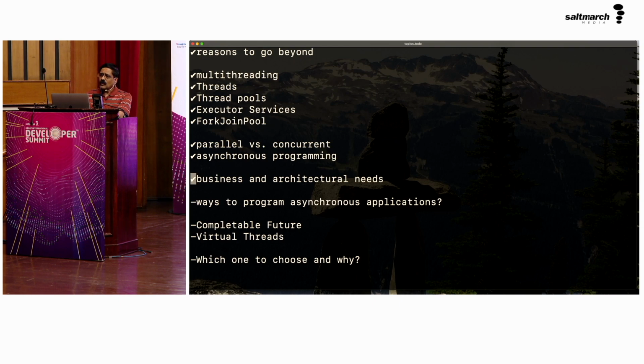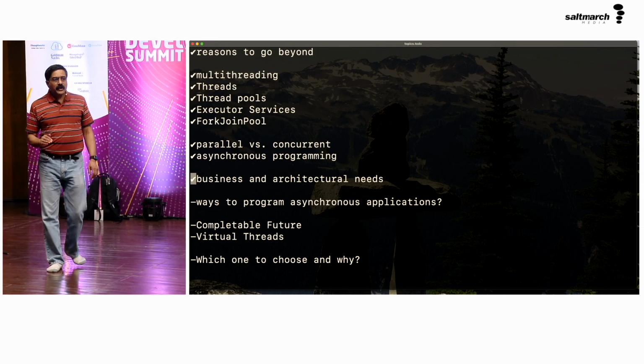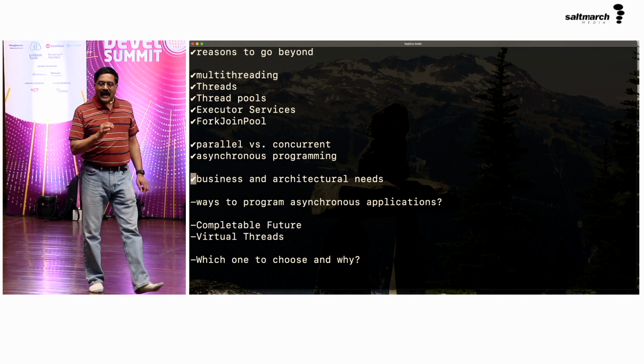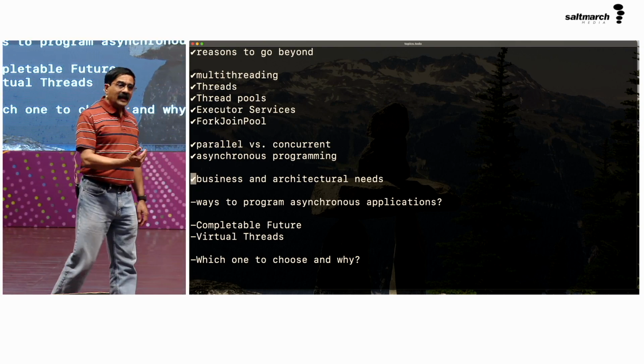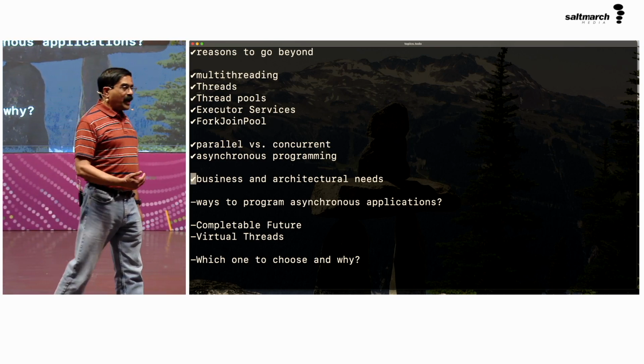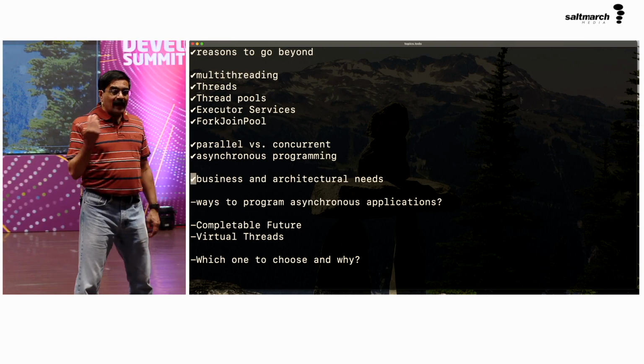You say, hey, Venkat, we don't have any need for scalability. By the way, that's perfectly fine. Don't assume every application needs scaling. It doesn't. There are applications where scaling is important. There are applications where performance is important. There are applications where neither one of them is important.